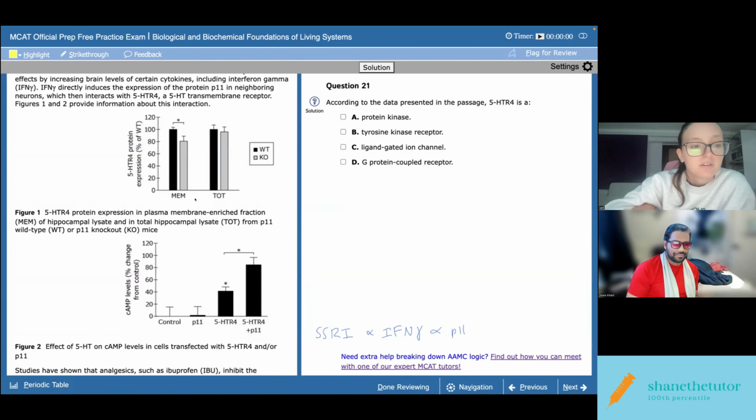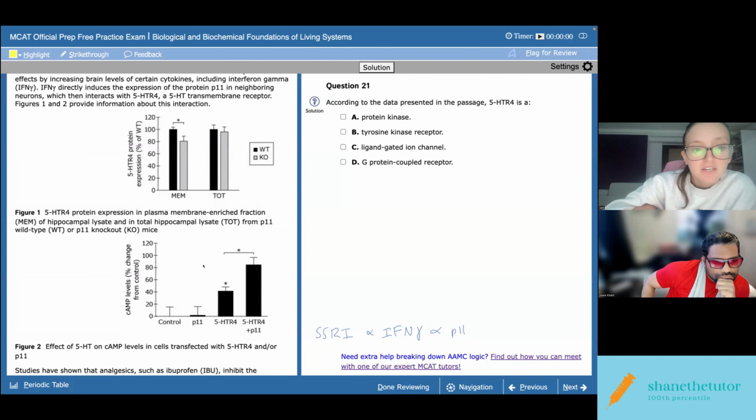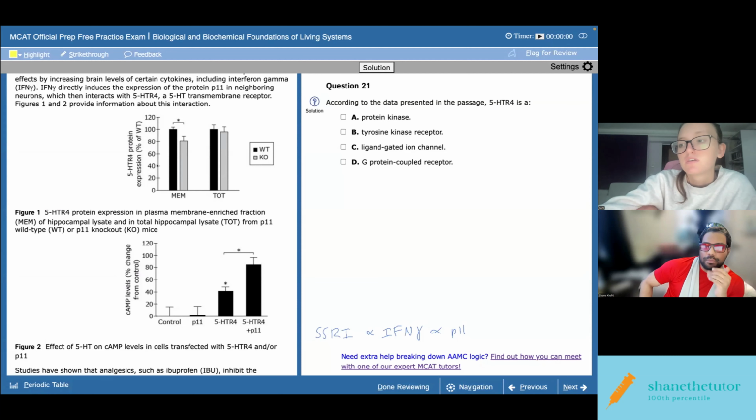So, expression of lysate of membrane enriched fraction versus total lysate from the wild type versus knockout. Knockout means it doesn't have any P11, right? Knockout is get rid of, and wild type would be the normal amount.